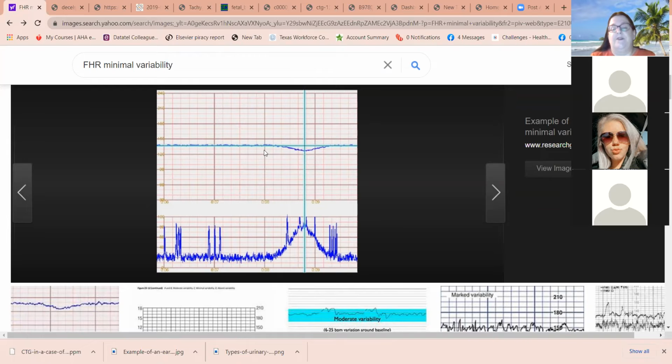Okay. Now, are there accels on this strip? No accels. Are there decels on this strip? There's one decel. What type of decel is this?